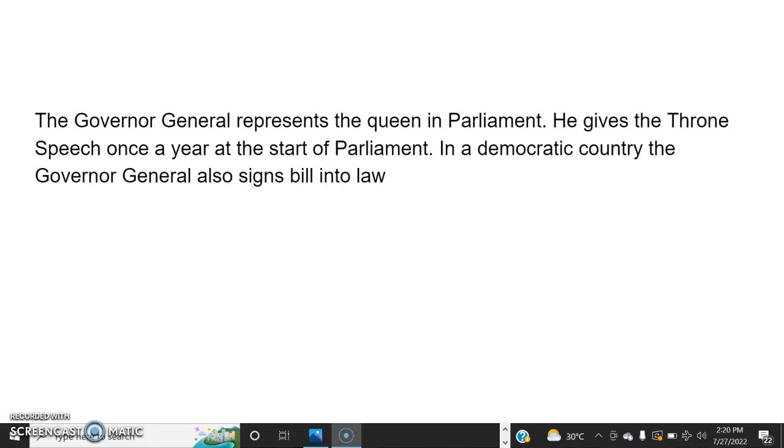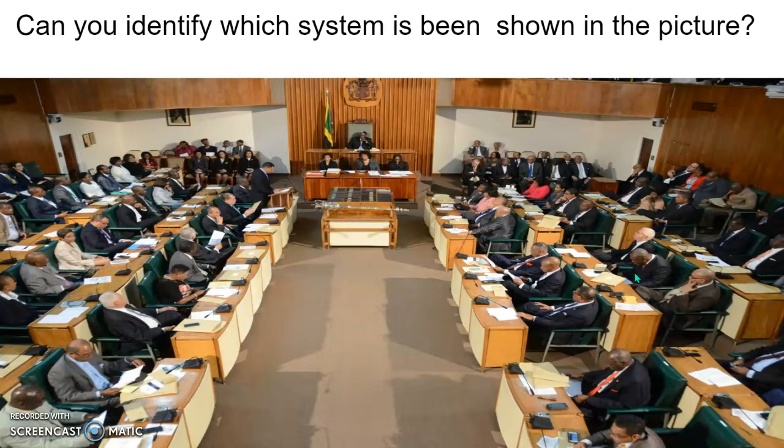So once Parliament is dissolved and it is going to restart, the Governor General is the person who gives that throne speech representing the Queen, right? Another function of the Governor General in a democratic country is also to sign bills into law. So a bill cannot become a law until the Governor General signs. All right, so those are just some of the functions of the Governor General.